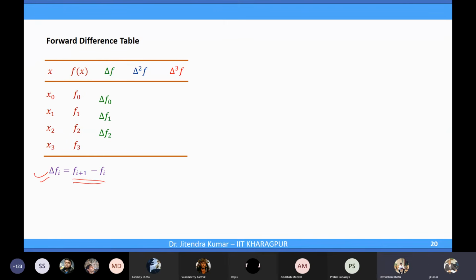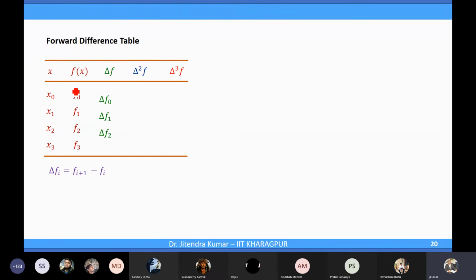So what you do here, f1 minus f0 is your delta f0. f2 minus f1 is your delta f1. f3 minus f2 is delta f2. Clear? So this is nothing but f1 minus f0, this is nothing but f2 minus f1, this is nothing but f3 minus f2.